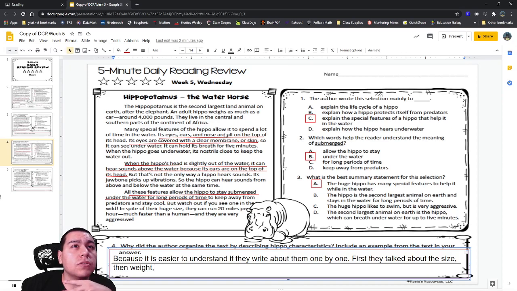Many special features of the hippo allow it to spend a lot of time in the water. Its eyes, ears, and nose are all on top of its head. Its eyes are covered with a clear membrane or skin. So what's the next feature they told us about? Ezekiel. What are they used to see?